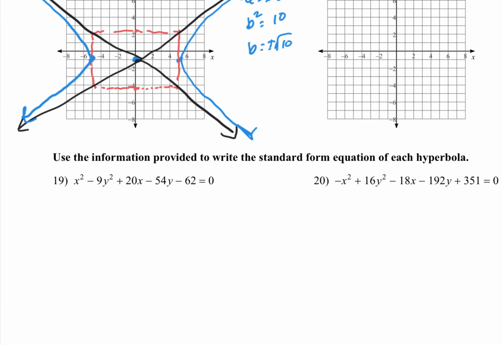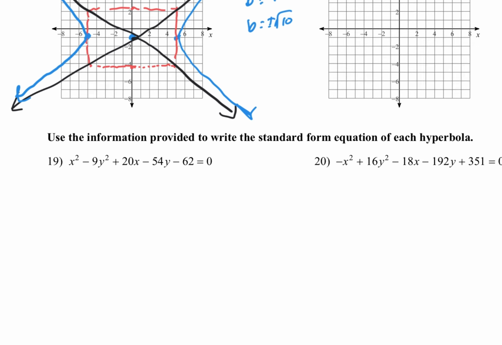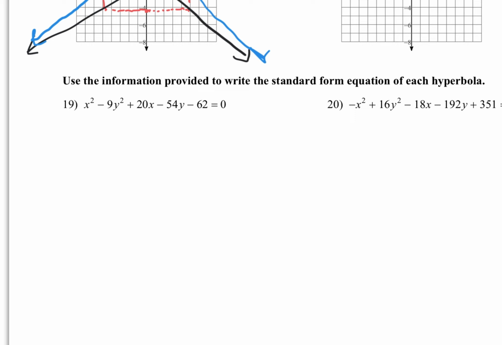And then the last one we'll do together. Use the information provided to write standard form of an equation of a hyperbola. So we've got, we'll do number 19. X squared minus 9y squared plus 20x minus 54y minus 62 equals 0.